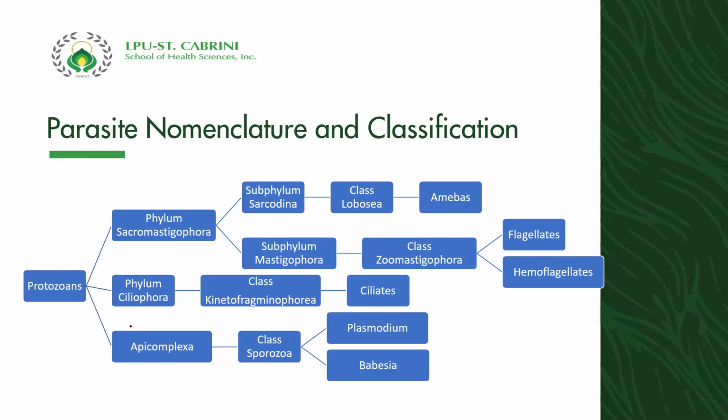Under phylum Ciliophora, we have Kinetofragminophorea, the ciliates. And for Apicomplexa, class Sporozoa, we have Plasmodium as well as Babesia. Some of our miscellaneous protozoans, such as Cyclospora cayetanensis and Cystoisospora belli, are classified under Apicomplexa.